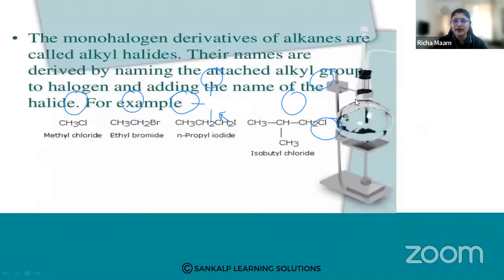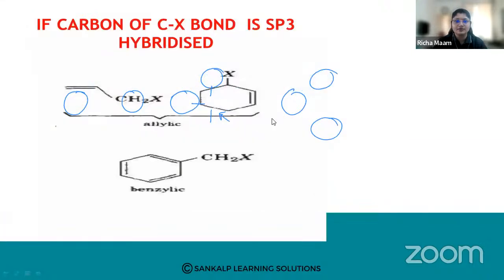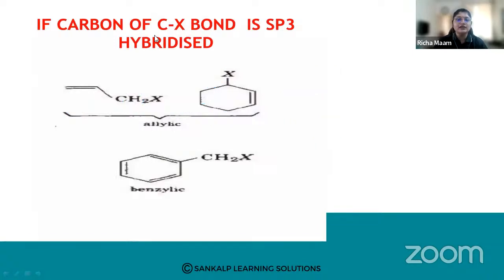Now what do you mean by allylic halides? If the carbon is sp3, with a C-X bond, what is an allylic halide?